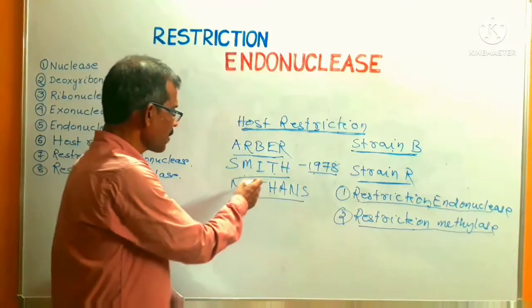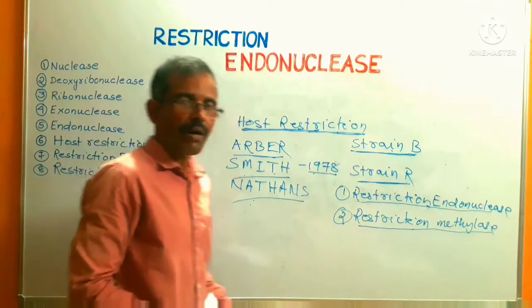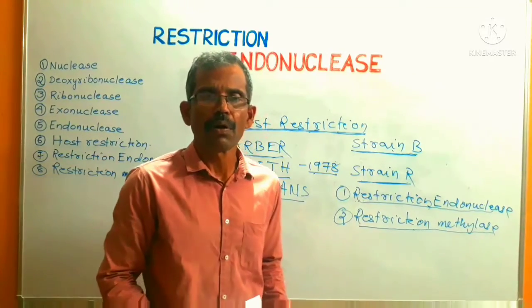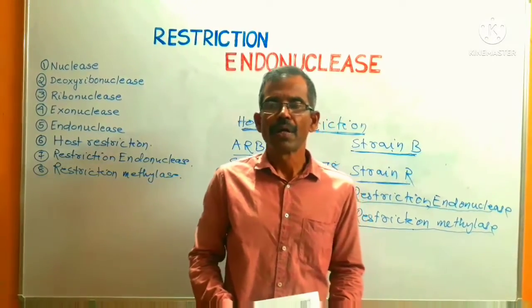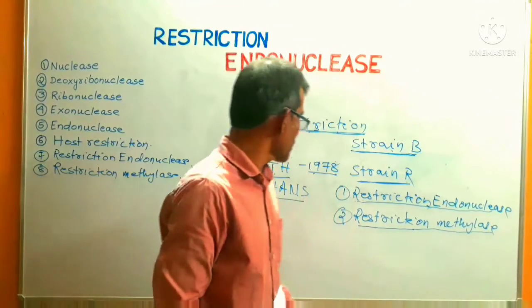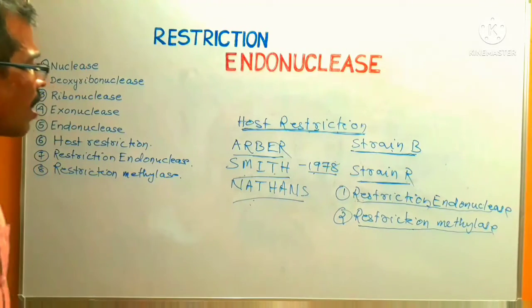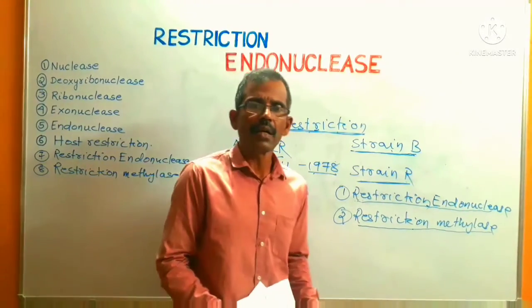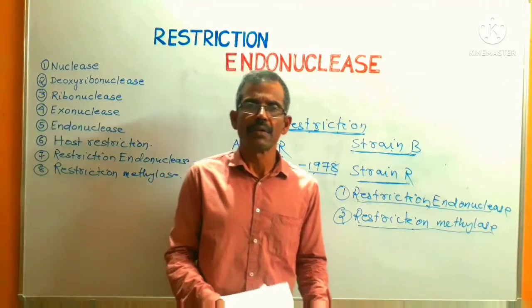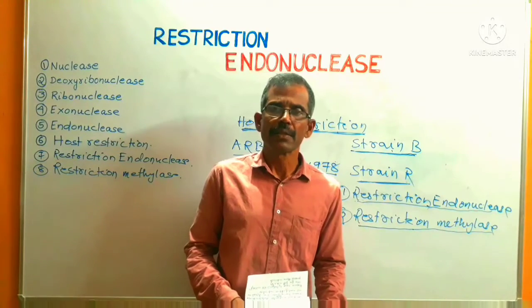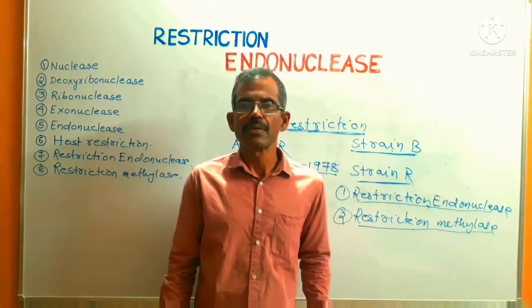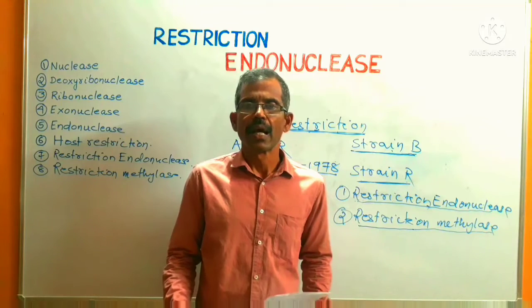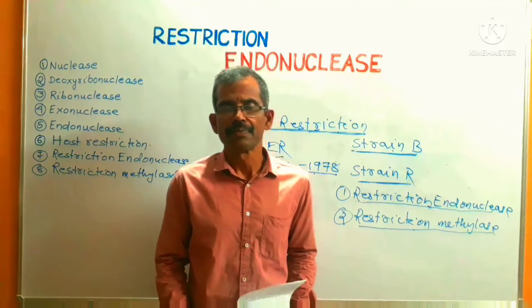Arber, Smith and Nathans were awarded the Nobel Prize for the discovery of restriction endonuclease in 1978. So, host restriction is a bacterial analog of the immune system that allows bacteria to recognize and to defend themselves against foreign invaders.